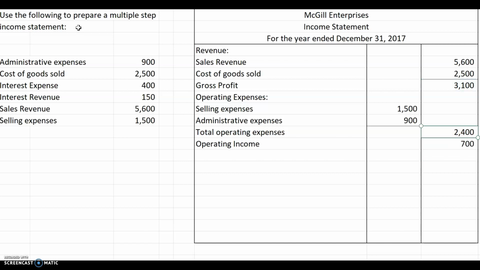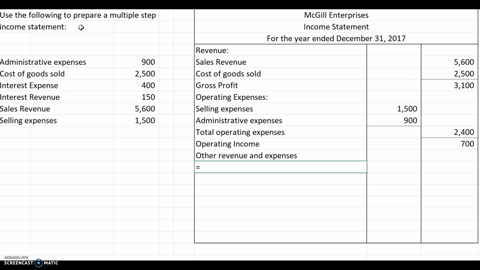Okay. And so our next step is to show our other revenue and expenses. These are the revenue and expenses outside of operations. It's typically your investment revenue and expenses.